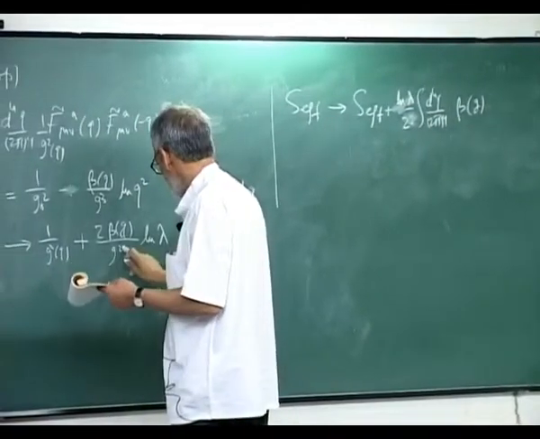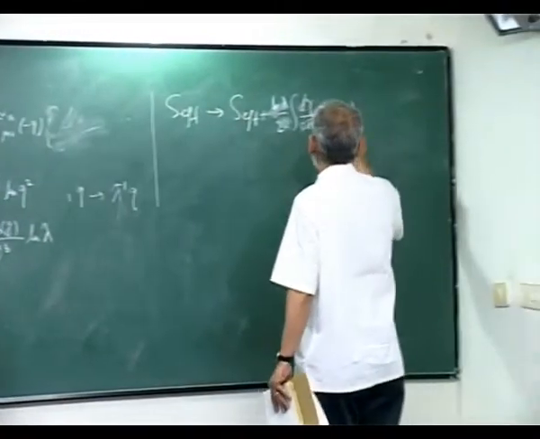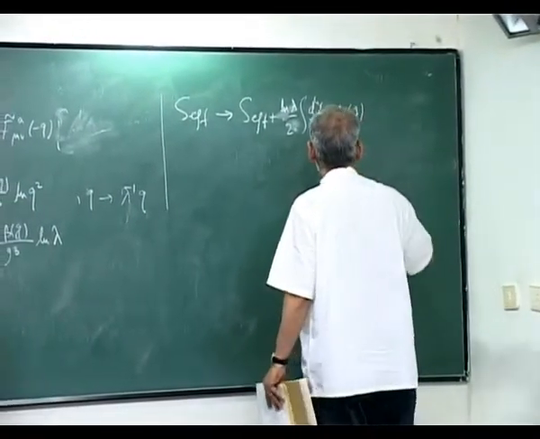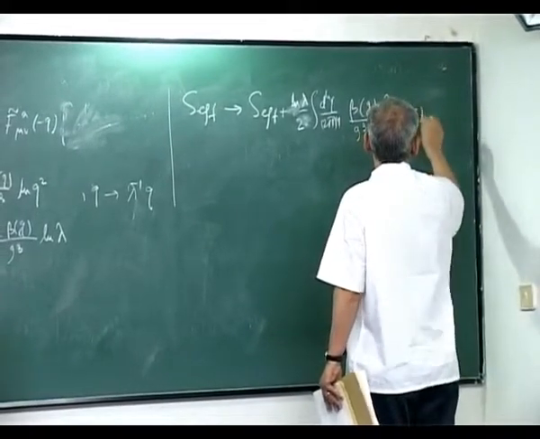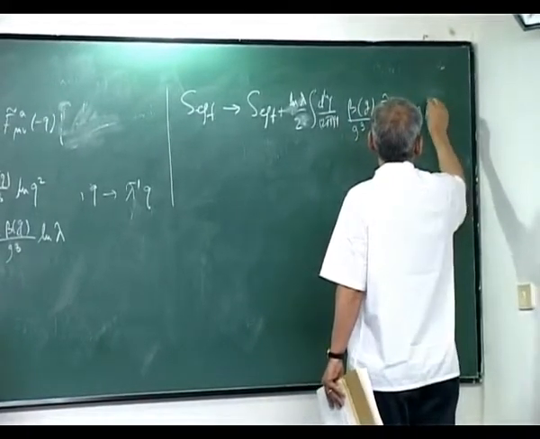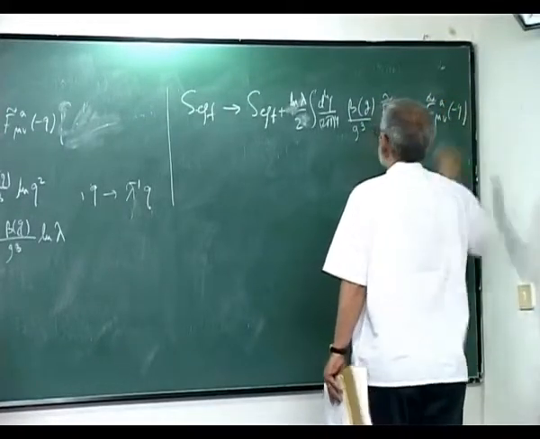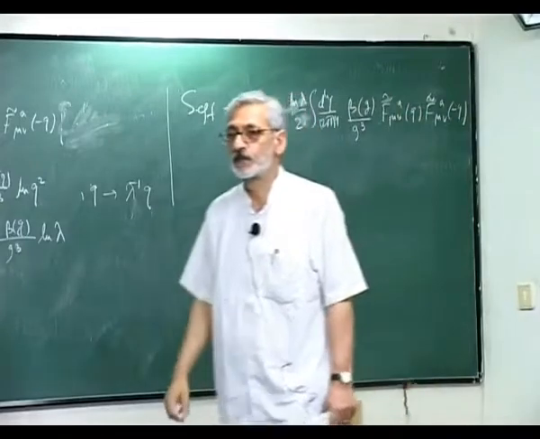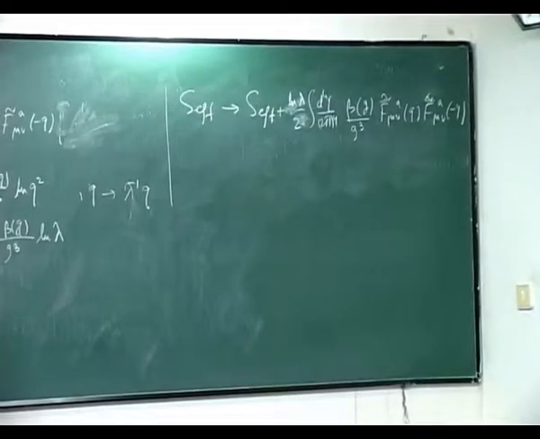Something is not right. This should have been g cube, right? And what we have discovered is that in quantum theory, S effective is not invariant.